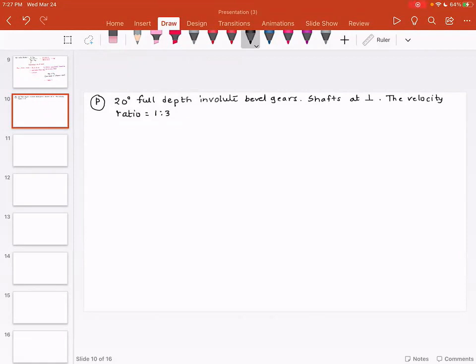Now, the good news in this case is both these gears are made up with steel. So gears made of steel.